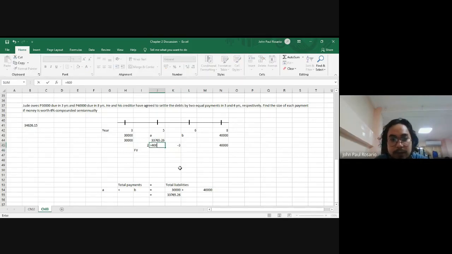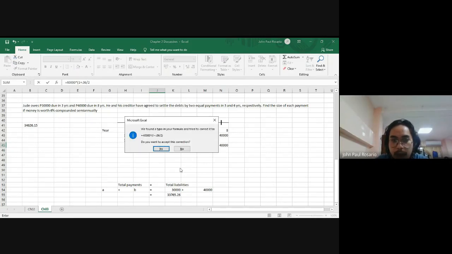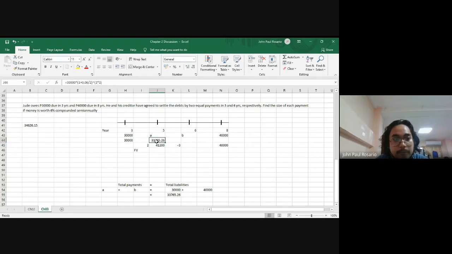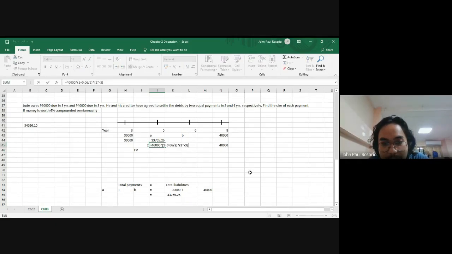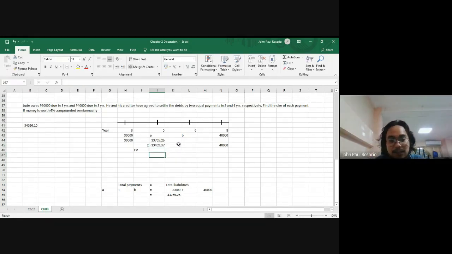So with that, we have 40,000 times 1 plus 0.06 divided by 2, and then raised to the power of 2 times 2 times negative 3. So, meaning, this is the equivalent value of 40,000 at year 5.